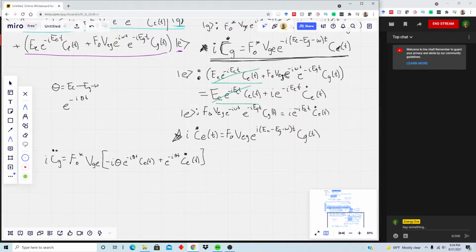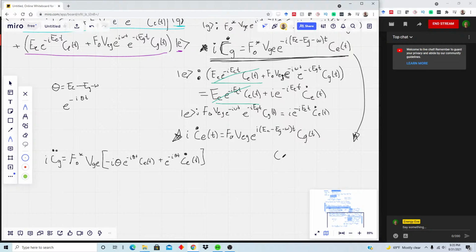This right here, the CE, if we move this stuff to the other side, it's equal to C dot G. So what we want to do is basically just solve for all one. We want CGs. Instead, we don't want a mix of CGs and CEs. So this term, I can plug this equation into here, and we'll have CG here, no problem. But this term, I was a little confused about. I wasn't sure what to do. But we do have a term of CE right here. So this one I'll write down real quick.